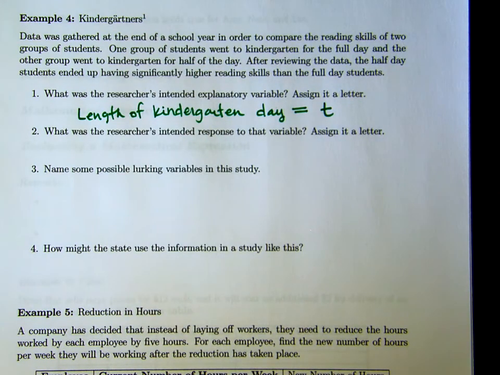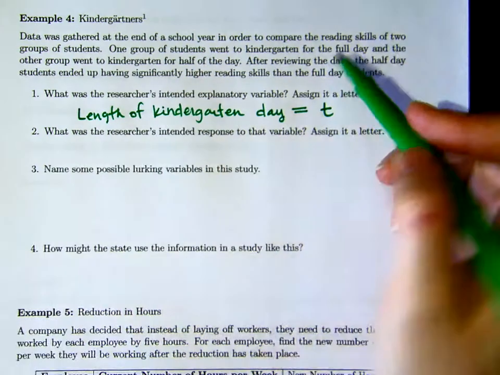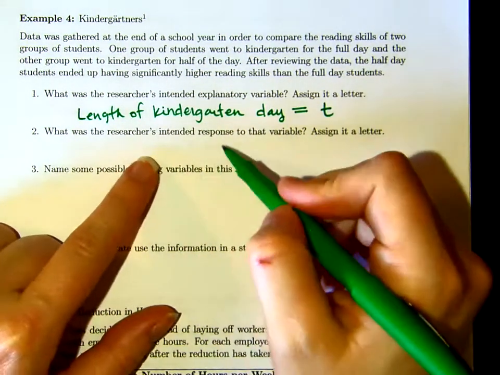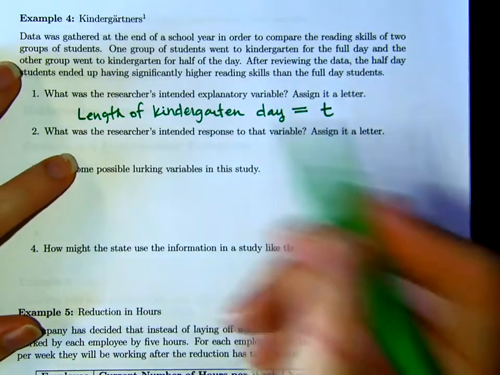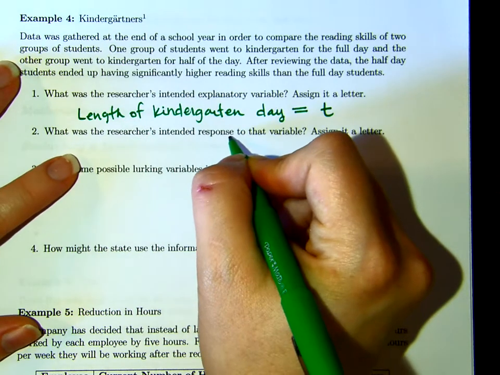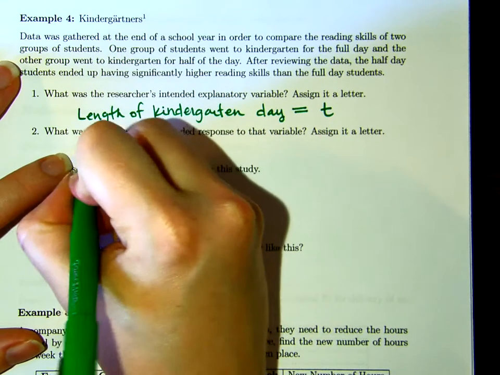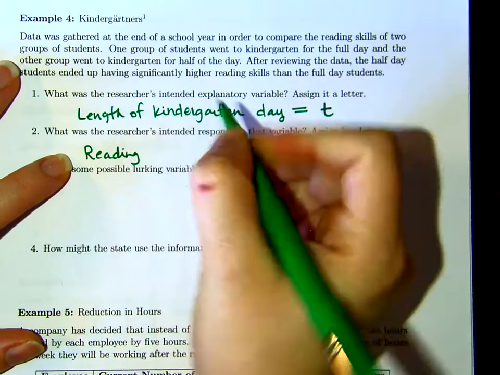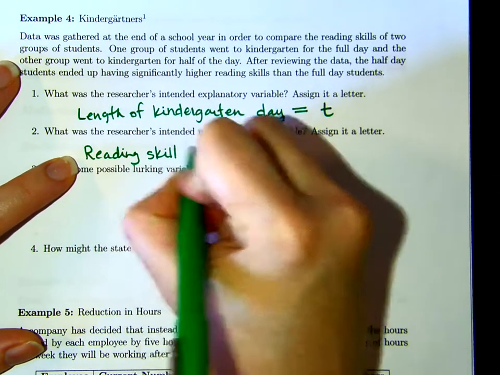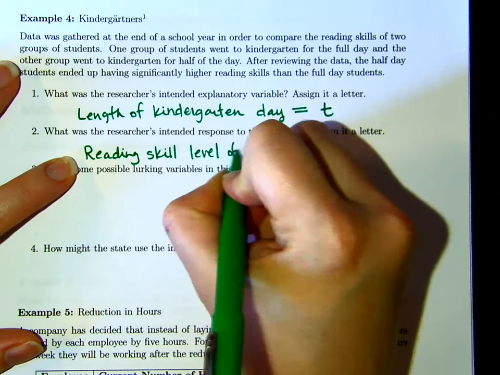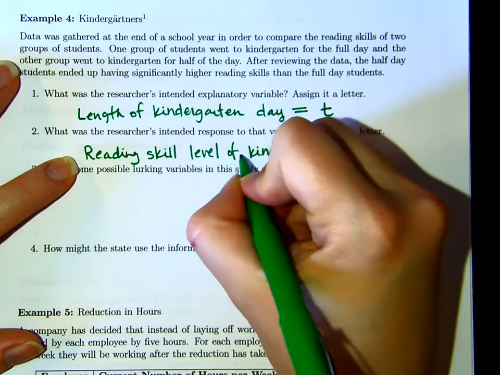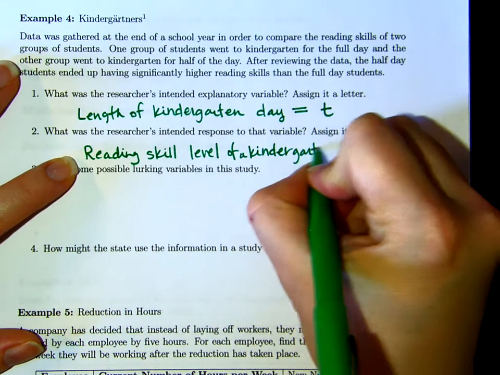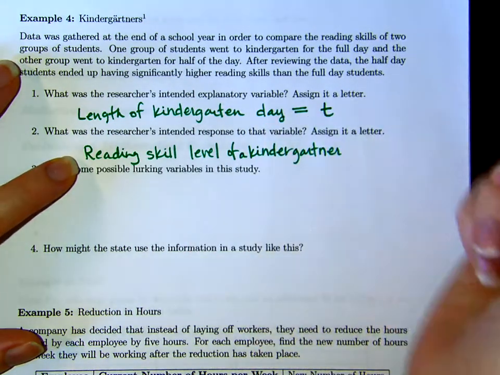And then it's saying, what is the intended response to that variable? Well, it looks like what they're looking for in terms of a response is reading skills. So response variable or dependent variable is reading skill level of a kindergartner.